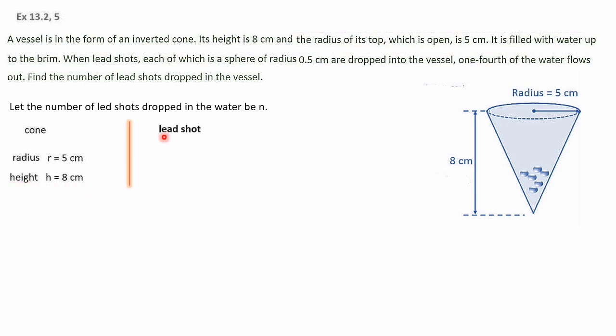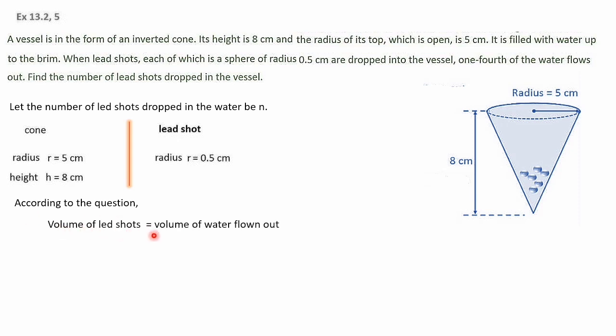And in case of lead shot, means sphere, only one dimension, that is radius 0.5 cm. And as per the question, volume of lead shots which we are dropping in will be same as volume of water flown out.